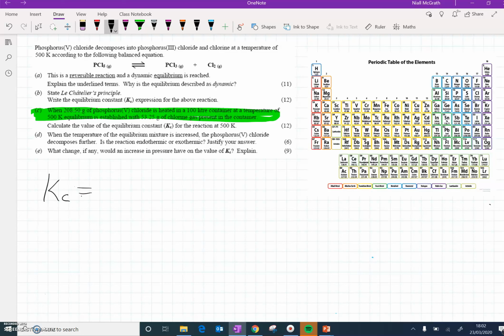In your expression for Kc, you would have your products on top, inside square brackets, indicating the concentration of them, and underneath the line, the concentration of your reactants. There are no powers here because everything is in a 1:1 ratio, so there's no powers to go on any of the brackets.